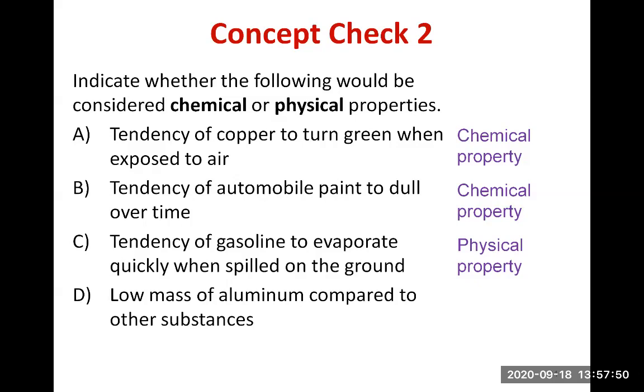And so you can see that it's not something that will change aluminum into something else. So that's a physical property. It's the fact that for a given volume, the mass of a sample of aluminum is less than for, let's say, iron or lead or other metals.